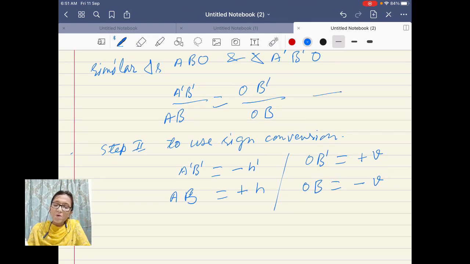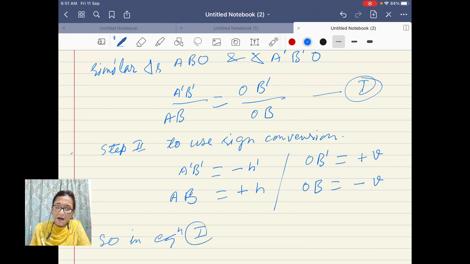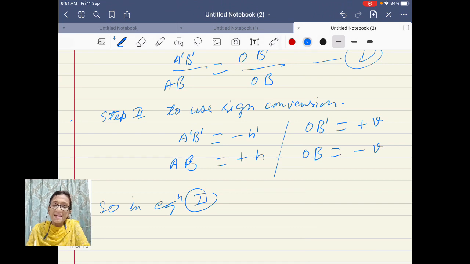So let me put all these values in equation number 1. In equation 1, you have A'B' by AB.